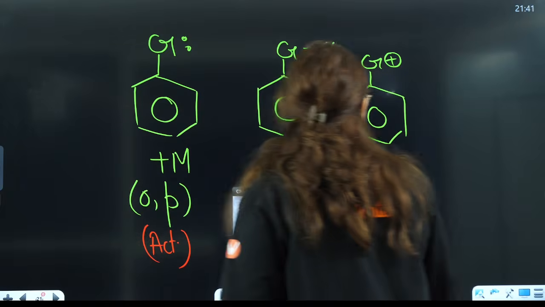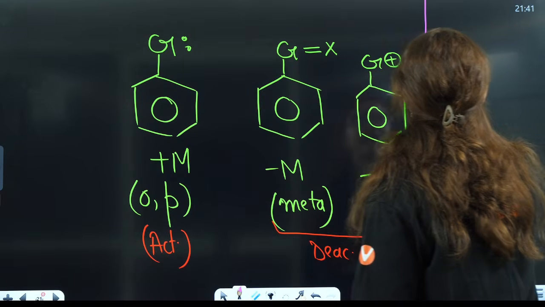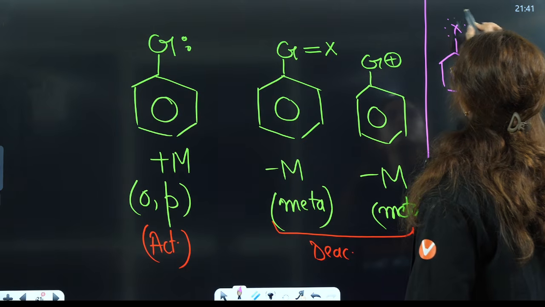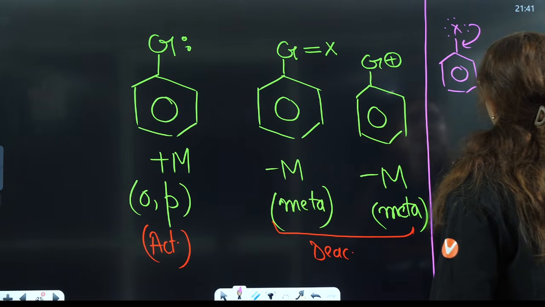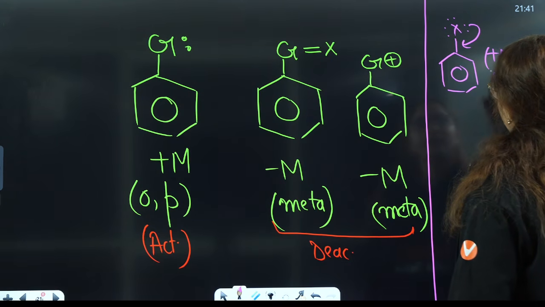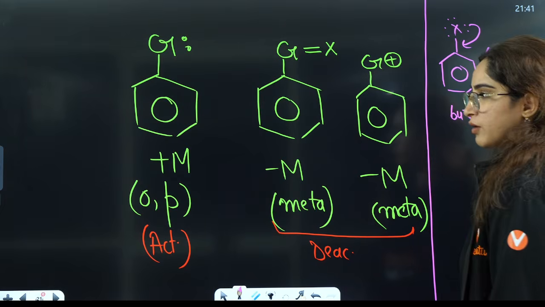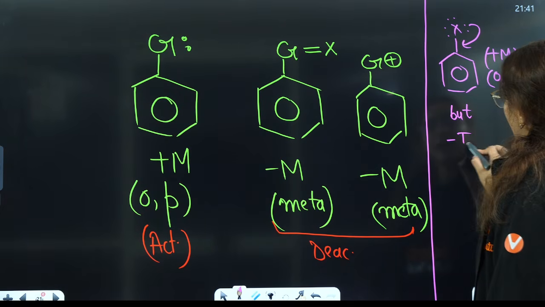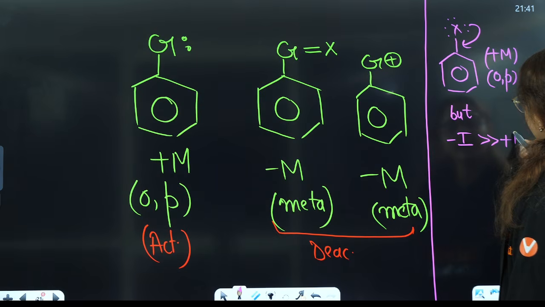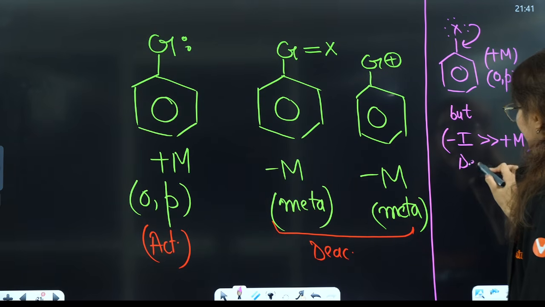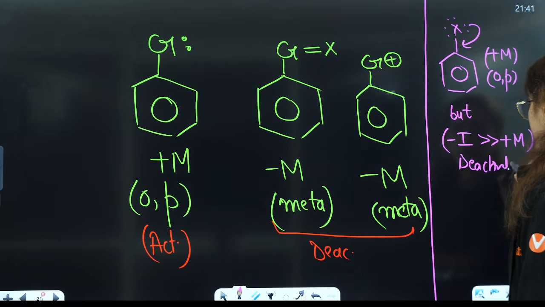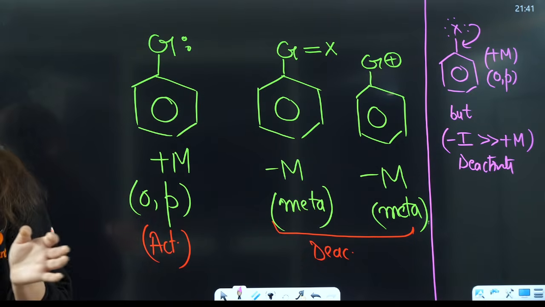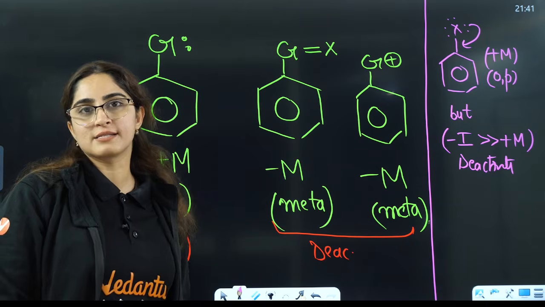But there is one exception here, I will write it here. The exception is halogens. Halogens show plus M effect, they are ortho para directing, but their minus I effect dominates over plus M, so they are deactivating and ortho para directing, right? So just in case they ask you this, you should know all of this, right?